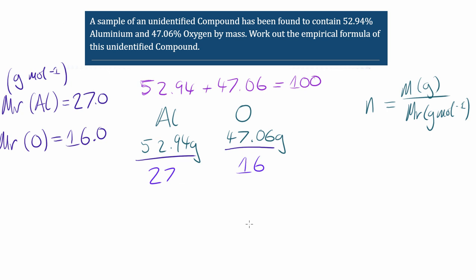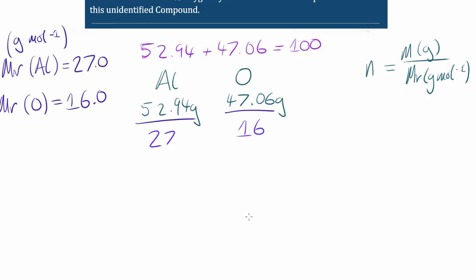I invite you to have a go and work those out. See what you get when you do those calculations. So now we're going to say n equals, and then write down what the ratio is. I'm going to give my answers for this particular step to 5 decimal places.